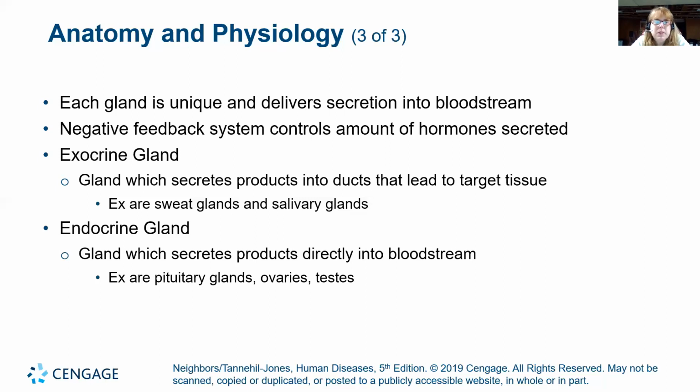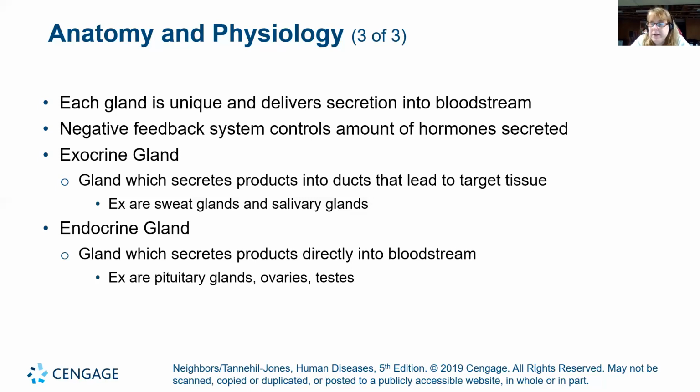Okay, so there are two different kinds of glands. The exocrine glands we've talked about in a lot of the other chapters. These are glands which secrete products into ducts that lead to a target tissue. When your sweat glands secrete, it leaves your body via your skin, so your skin is the target tissue.